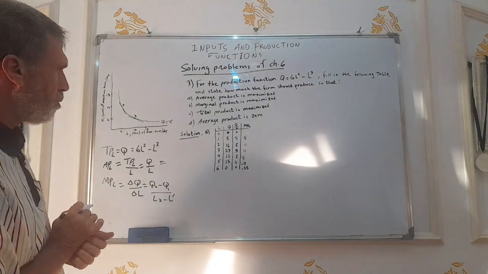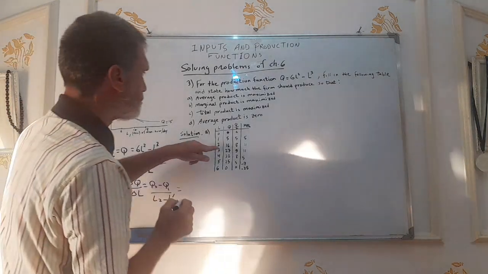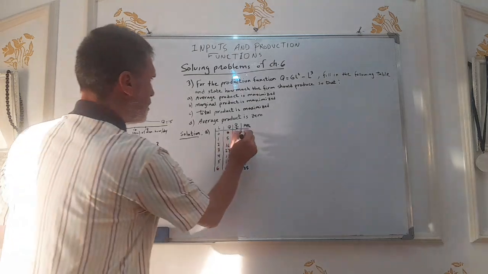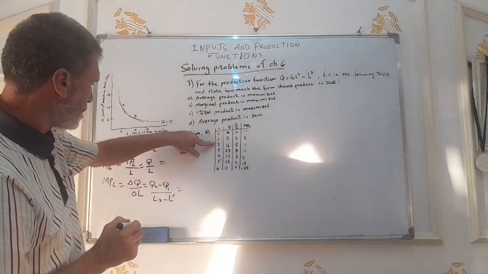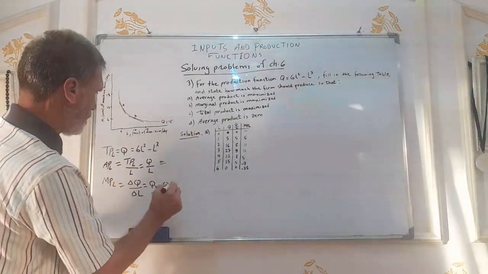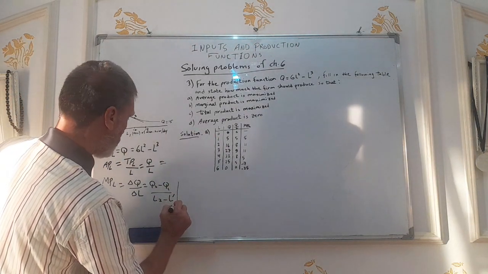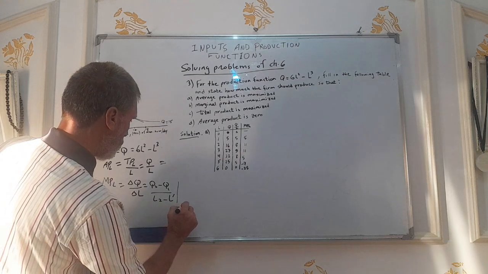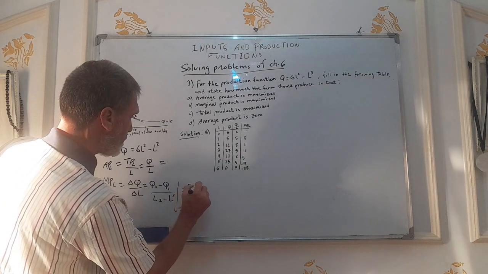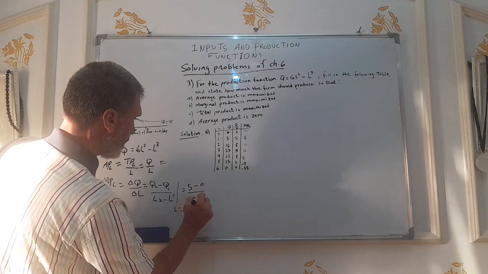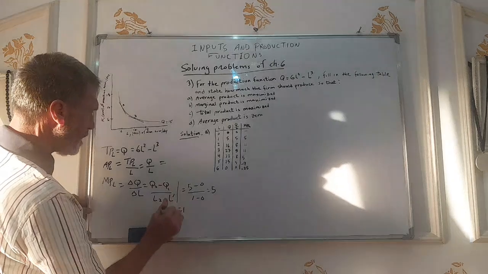So what we do over here, for the first unit, L equals 1. It's going to be equal to 5 minus 0 over 1 minus 0, we get 5. What about for the second one?